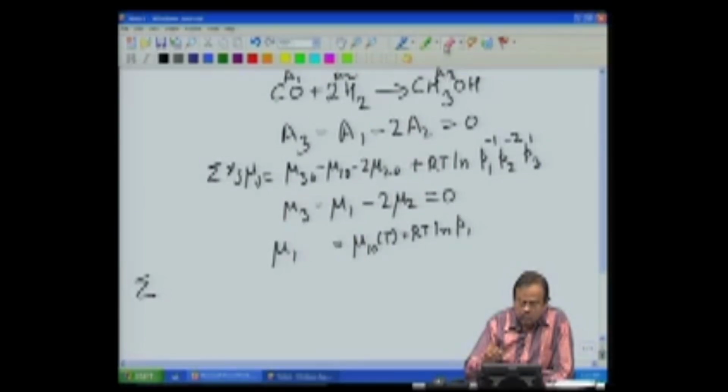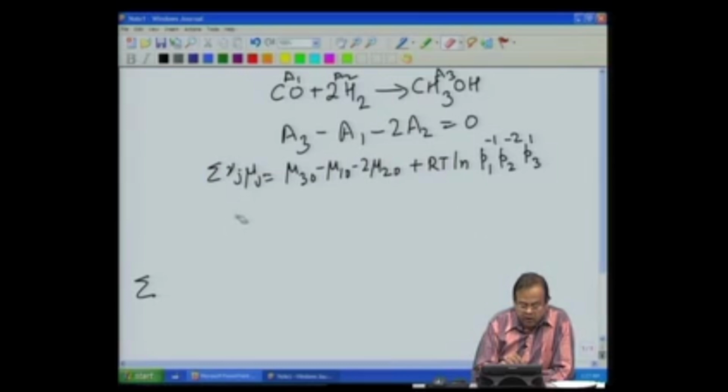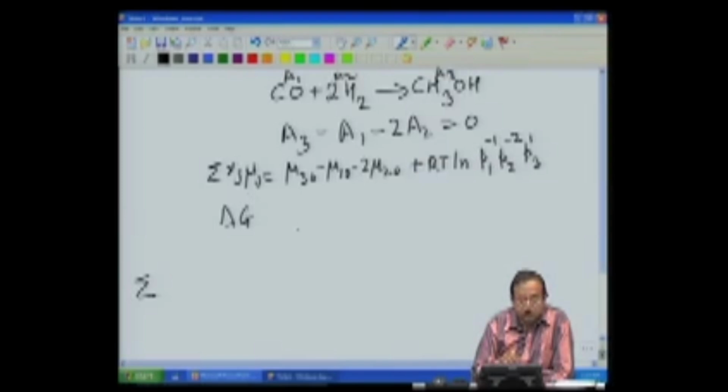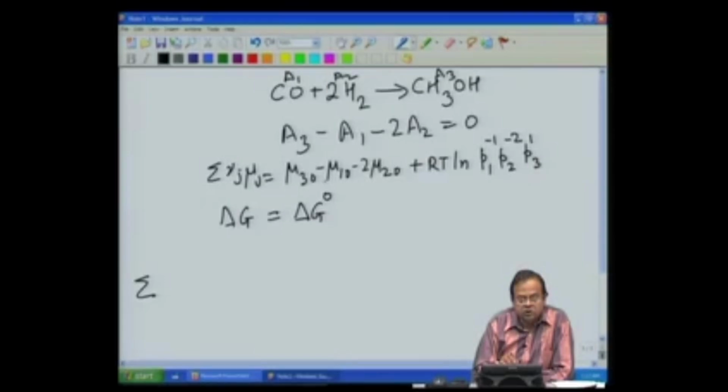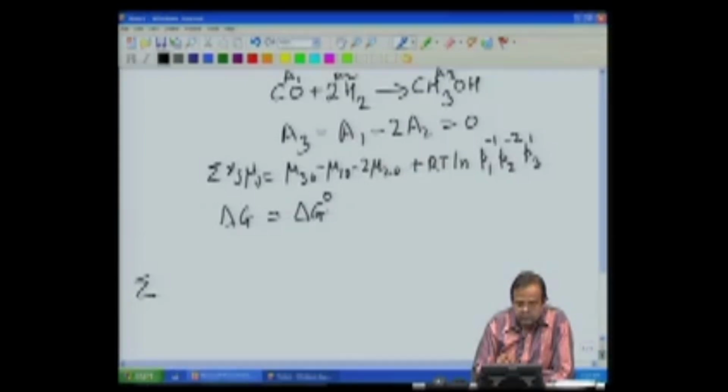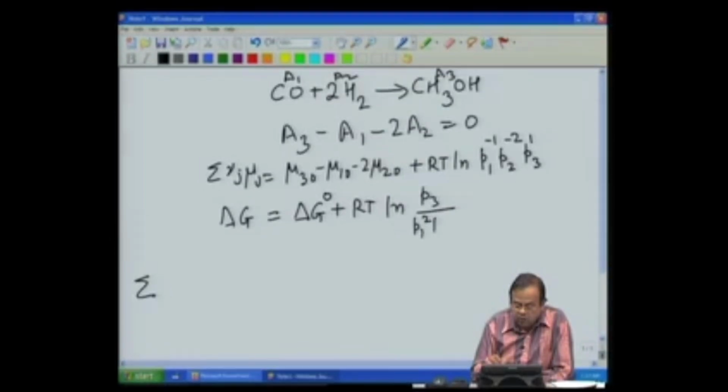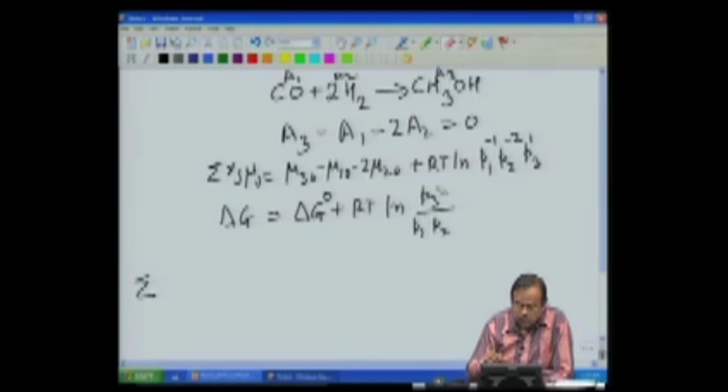So, now let me continue this discussion further. My free energy change, which I had earlier defined as summation nu j mu j, will be free energy change at standard conditions, and these values you know from thermodynamics, plus RT ln P3 divided by P1 raised to 1 and P2 square.